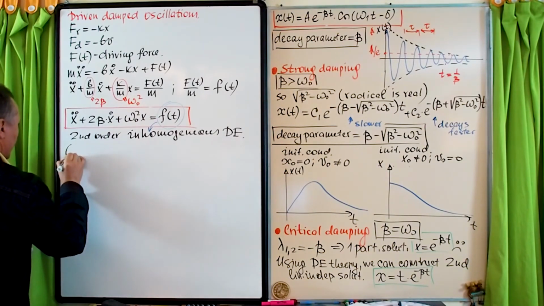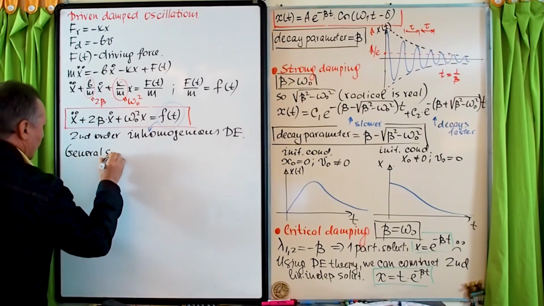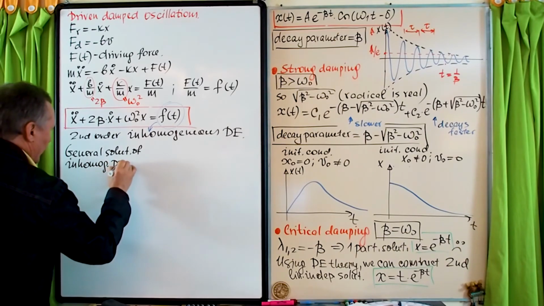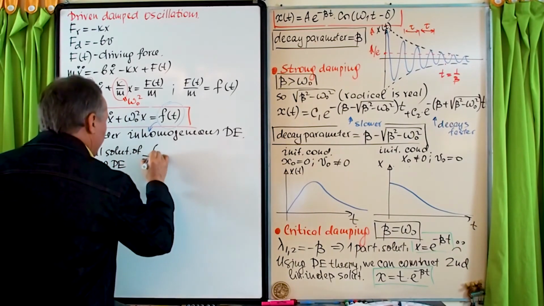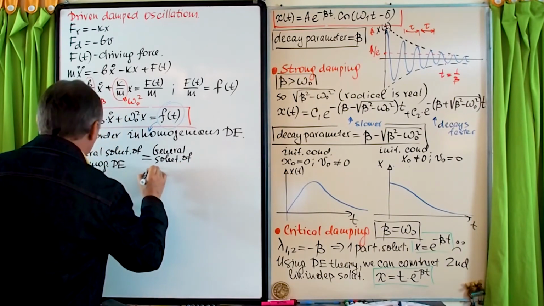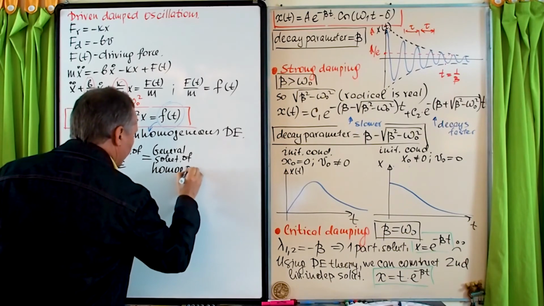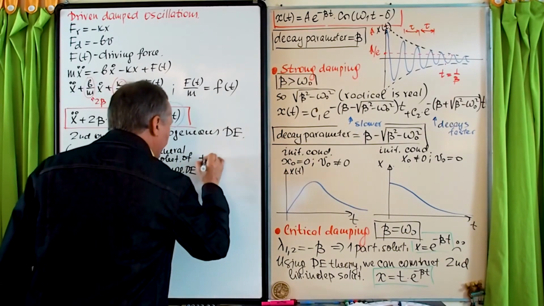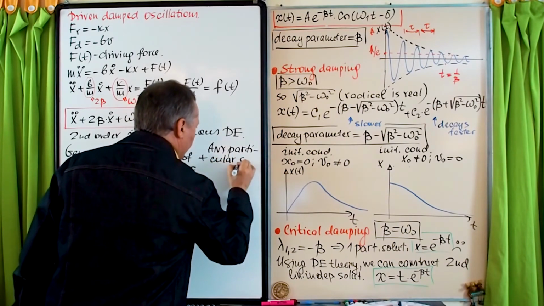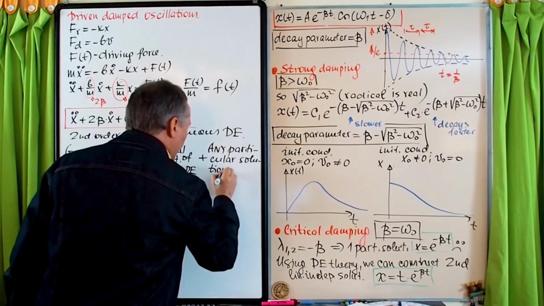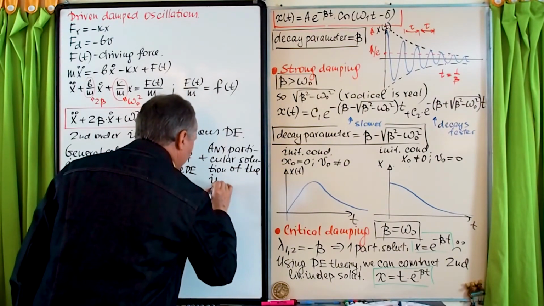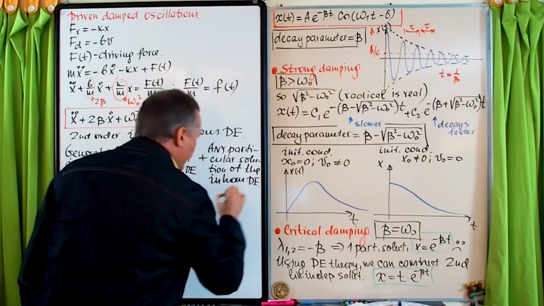So I will write it like this. General solution of inhomogeneous differential equation equals general solution of homogeneous plus any particular solution of the inhomogeneous differential equation.